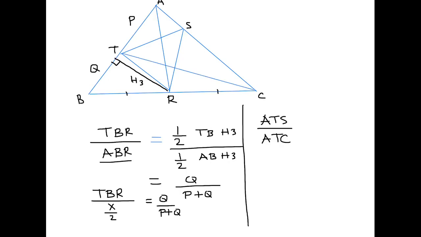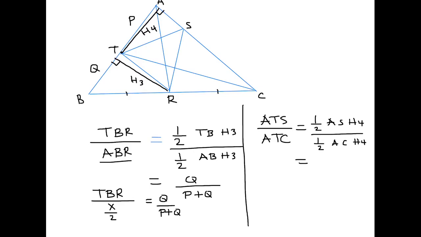And similarly, we'll drop a perpendicular from this point to this point, and representing that as the height is, say, H4. So ATS is 1/2 base, which is AS, times height, H4, and ATC is 1/2 base, which is AC, times H4.